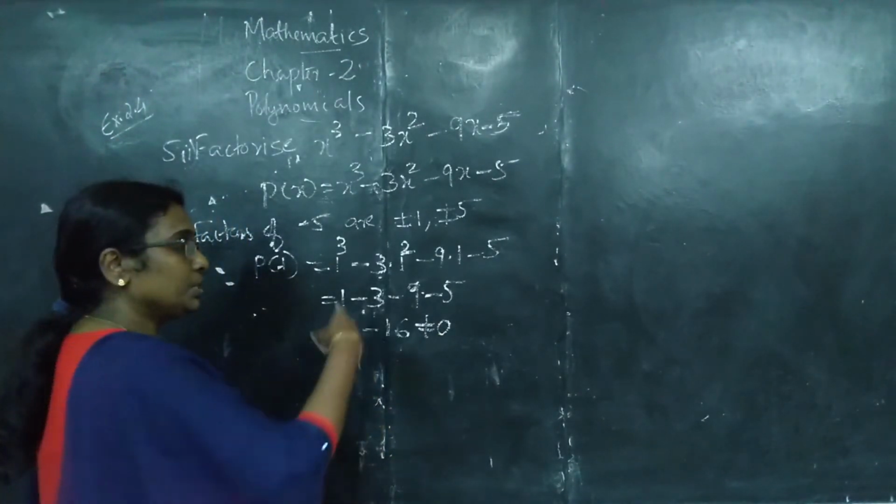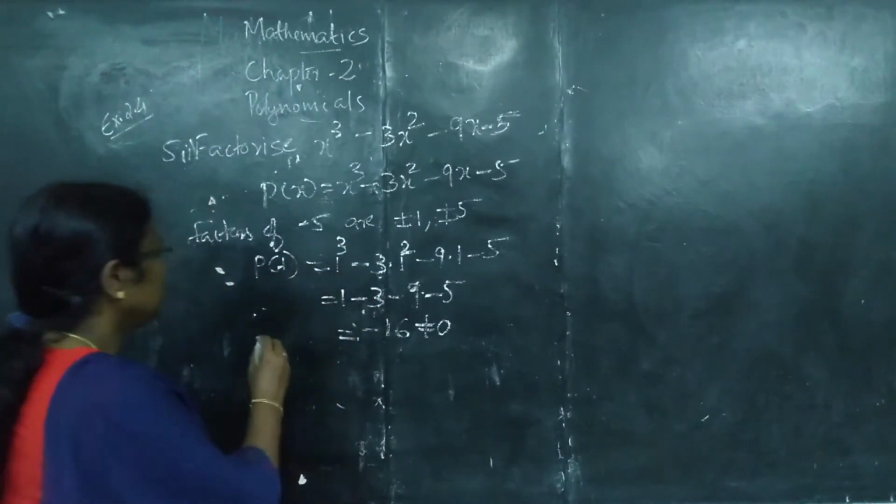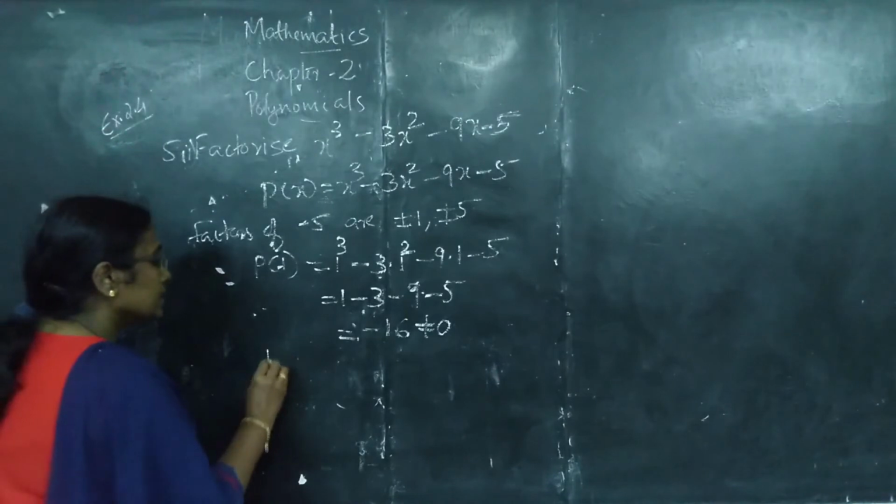Therefore, we substitute the next factor. The next factor is minus 1. So, p of minus 1.